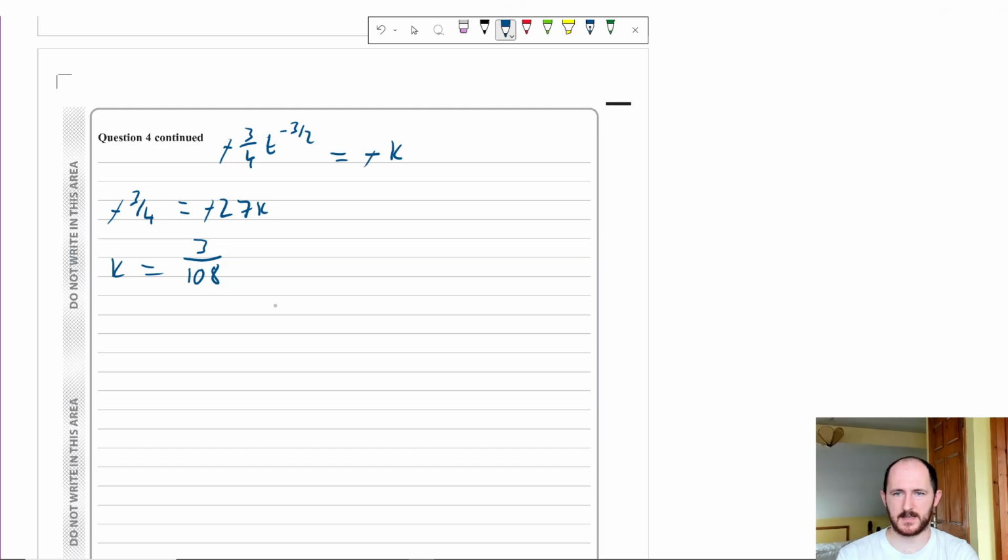Let's cancel the negatives here. So that means this is 3 over 4 capital T to the minus 3 over 2 equals 3 over 108. So I'm going to move the T up over here, and I move the numbers over here. So I'm going to times both sides by 108, so that's 3 times 108, which is 324.